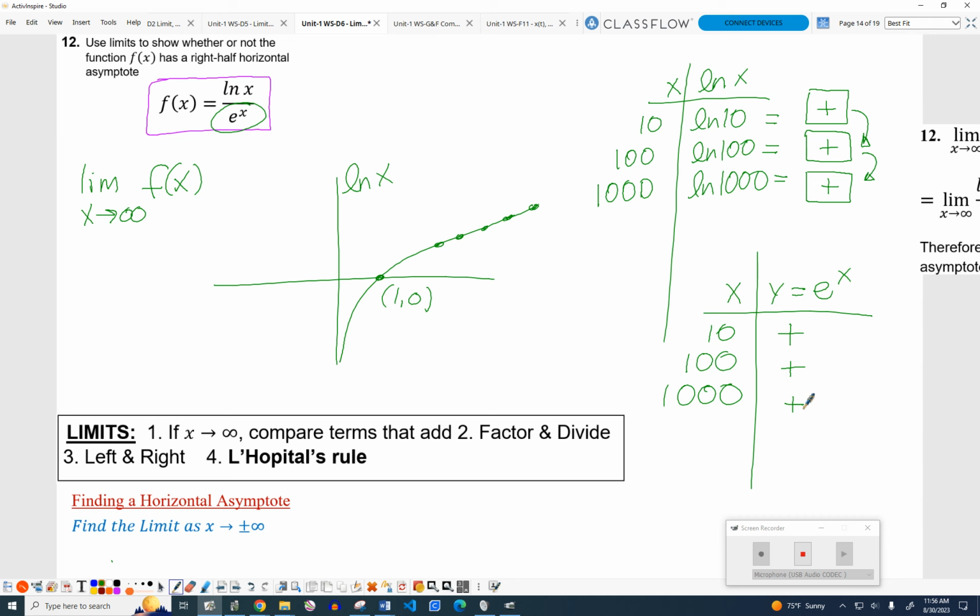If you have a fraction, and the bottom is growing much, much faster than the top, like they are both growing, if the bottom grows much faster than the top, overall, the trend is towards 0. So this limit is 0. And this function does have a right half horizontal asymptote of y equals 0.